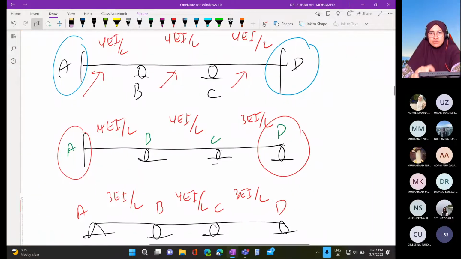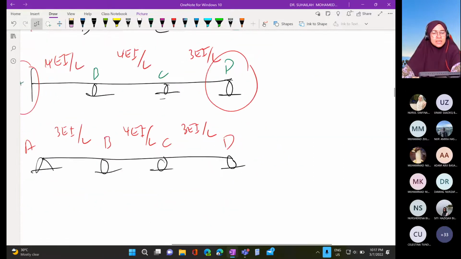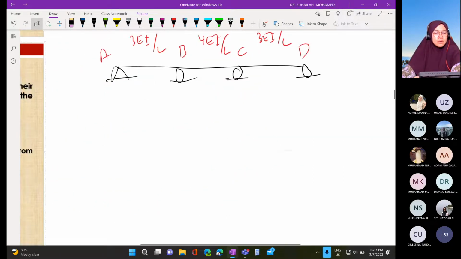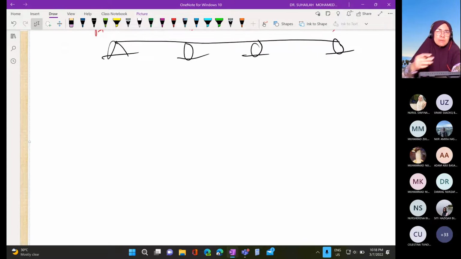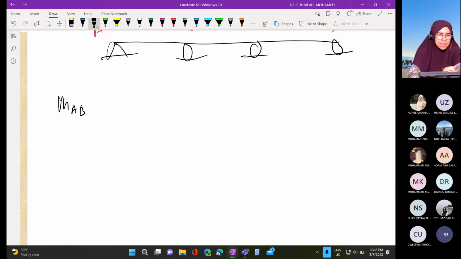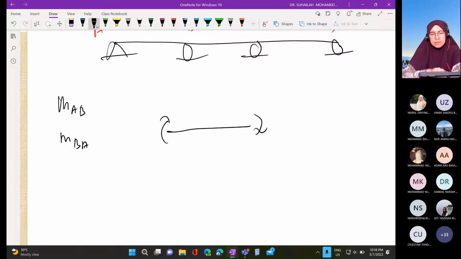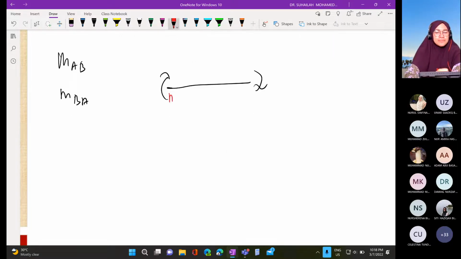How do we identify the member end moments? We denote them like this. For AB, we have MAB and MBA. That is at the beginning of the process.